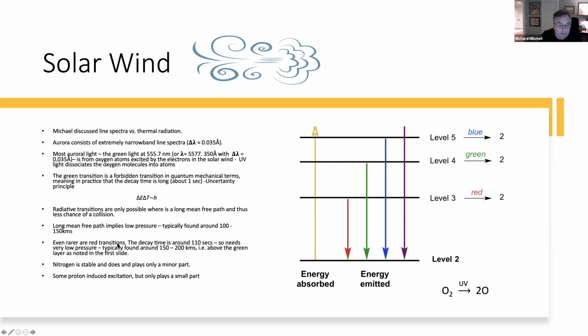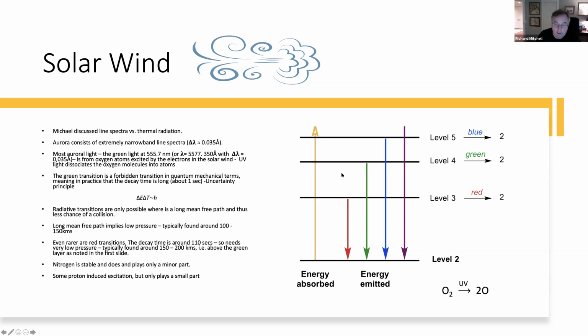And the red transitions are even more forbidden. The decay time is around 110 seconds. So that means you need an even lower pressure. And so the red is going to occur above the green, between about 150 to 200 kilometers above the Earth.